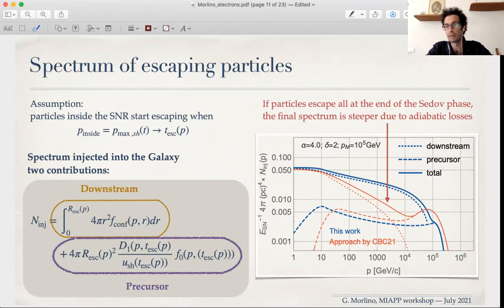While we are assuming that particles escape at all times from the shock as soon as their energy is larger than the maximum energy at the shock at that time. You see that the red lines present a much steeper spectrum, and this is just due to the fact that they lose much more energy due to adiabatic losses, because they stay inside the remnant for a longer time.